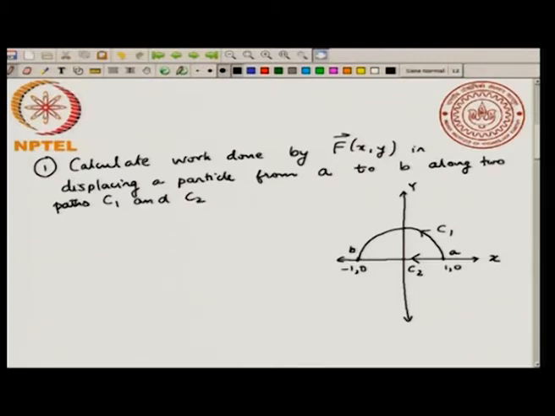So what you have to do is to calculate the work done, and there are two forms of the force f of x y.